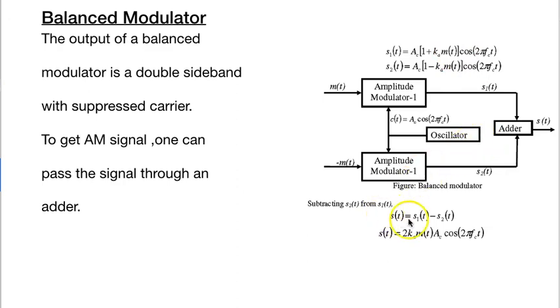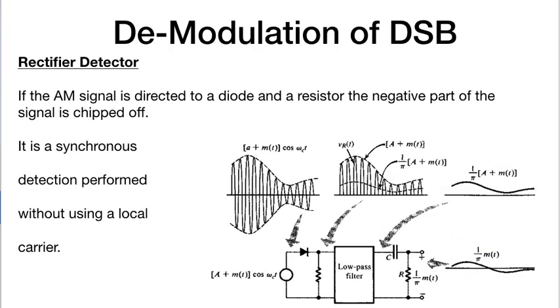When these two are added with a minus sign, we get a final suppressed carrier DSB signal. Moving on to demodulation of DSB, we have the rectifier detector.